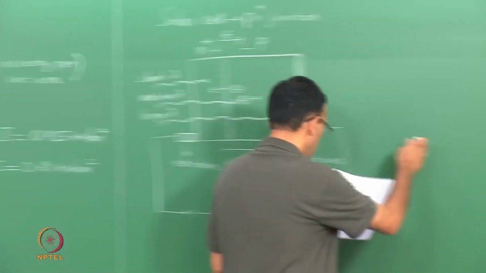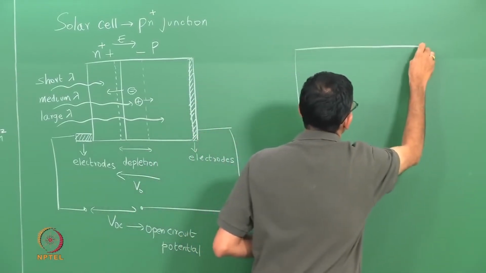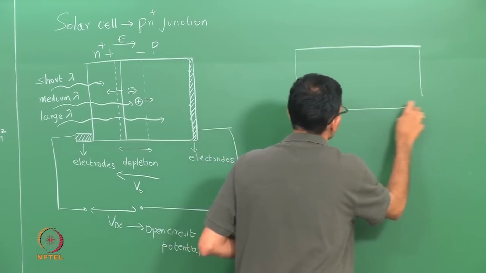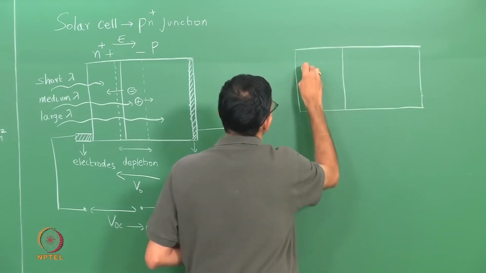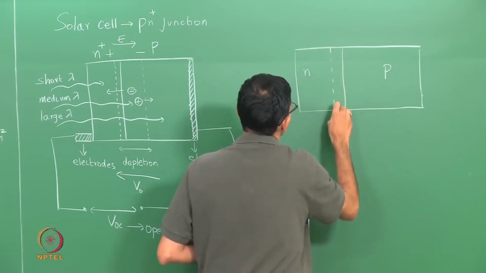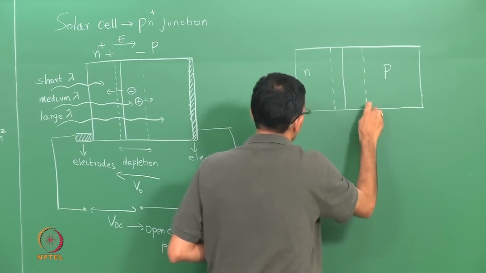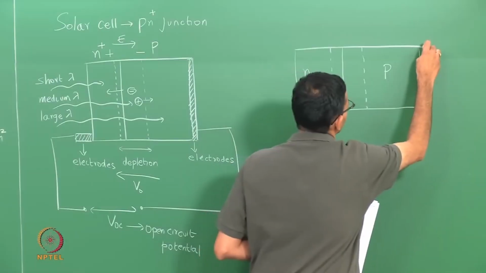So, let us draw a schematic of that. And I have my n and the p, and there is a depletion region. So, we have the electrodes on both sides.